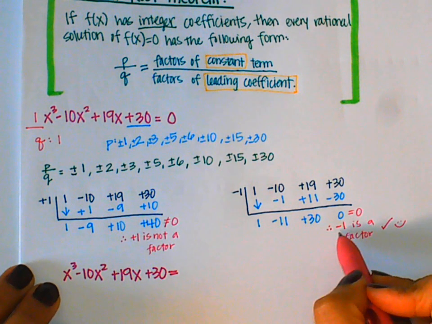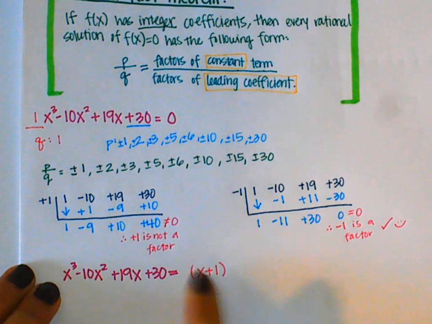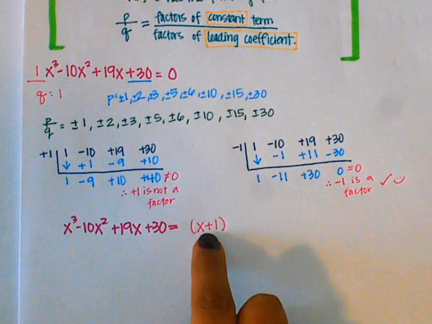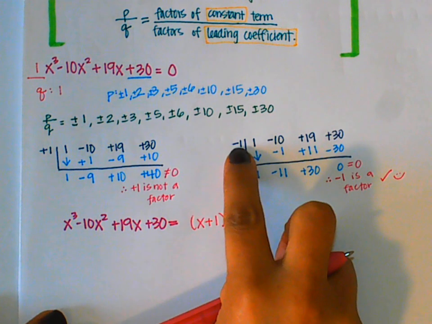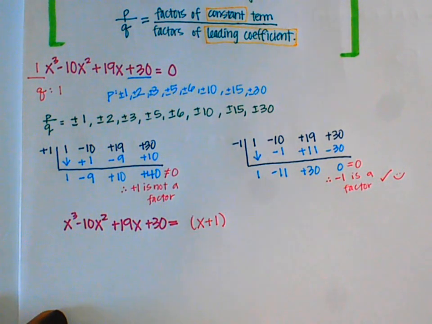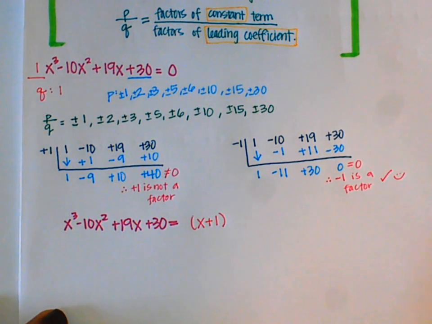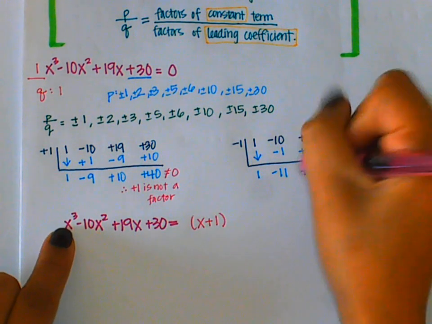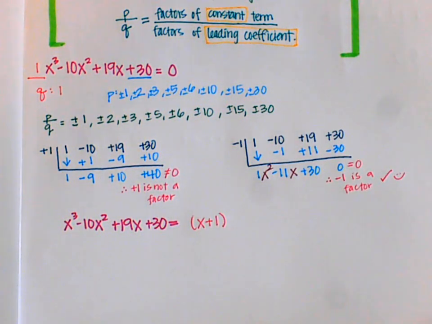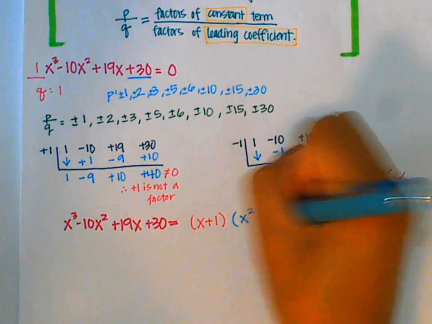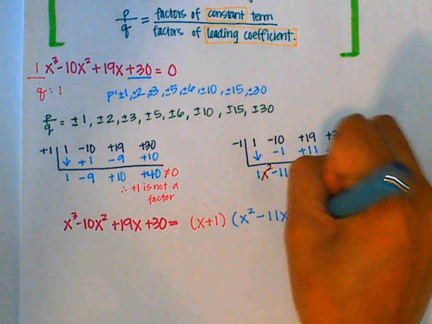If -1 is my factor, as a binomial that would look like this. Remember, we take the opposite. So if I take the opposite to use synthetic division, I would get that -1, and that's really important for you to keep in mind. Then I bring down what's left over. Remember that I would drop one of the exponents that I started off with, so this would be an x squared, x, and that. So I have x squared minus 11x plus 30.